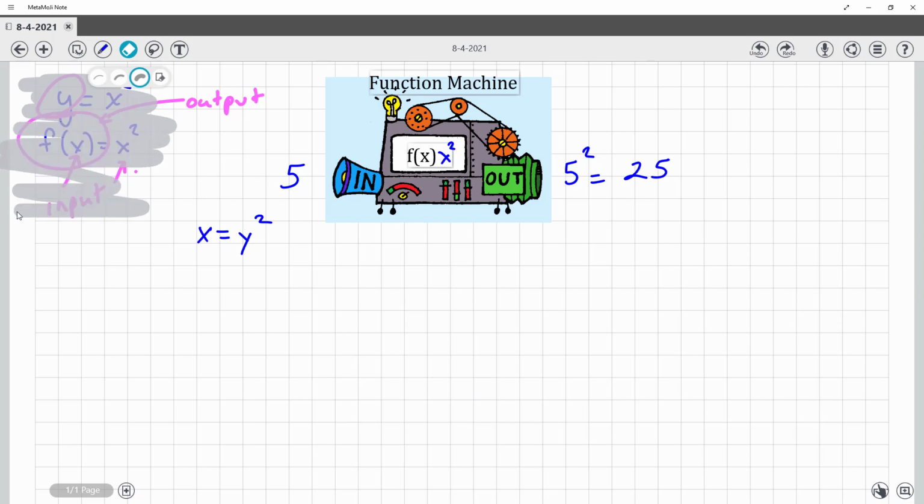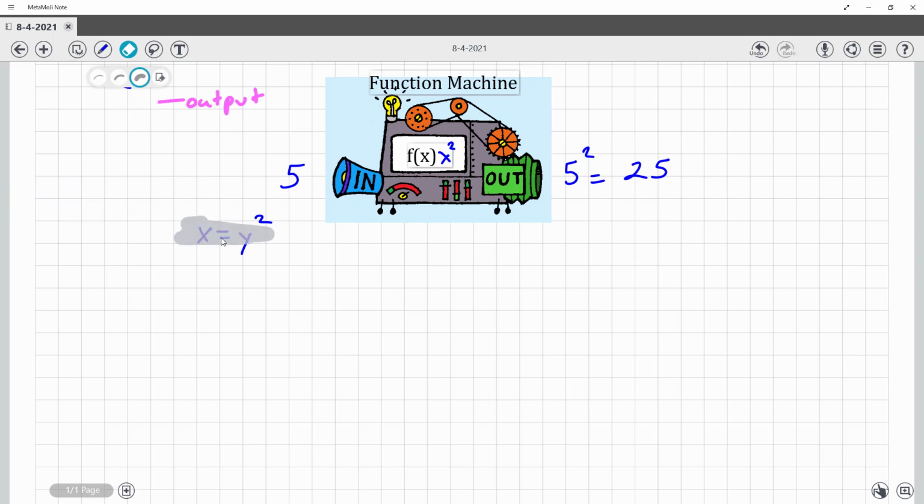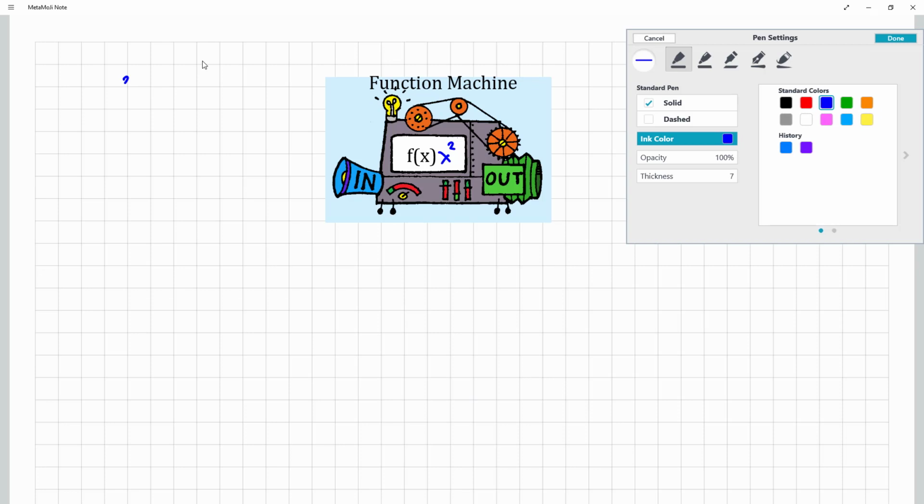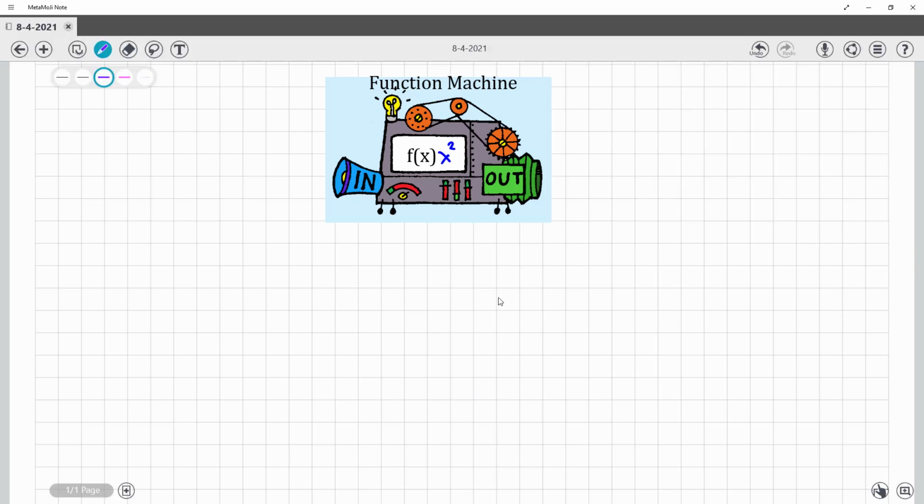All right. So let's clean this up a little bit and do some actual examples, because typically what you do with these now is you're given a function and you're given an input value, and then they just simply ask you to find the value of the function. So let's say, for example, let's just go back to my x squared.